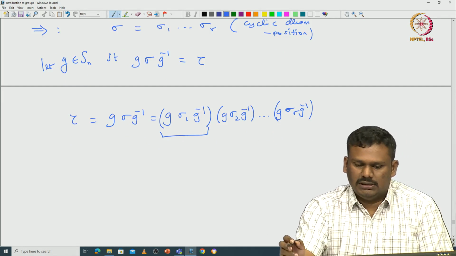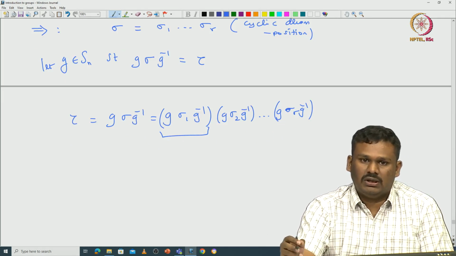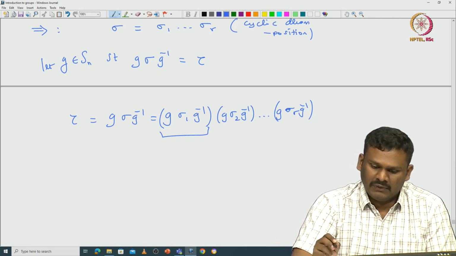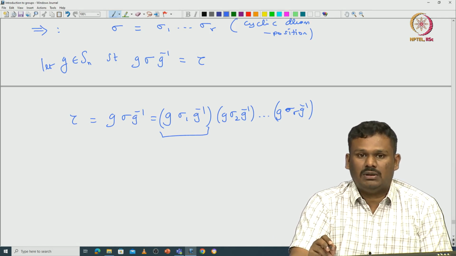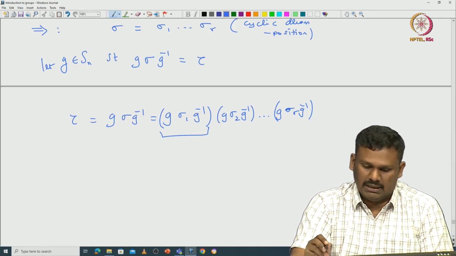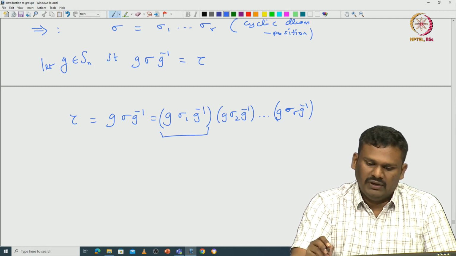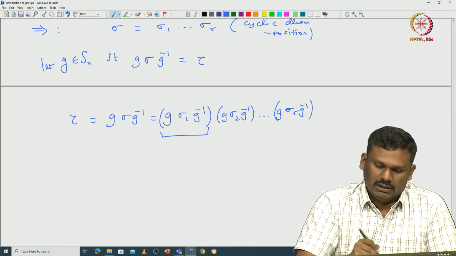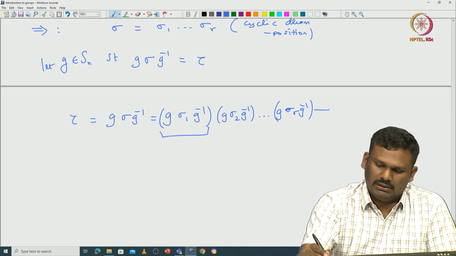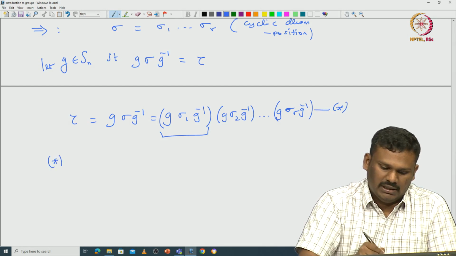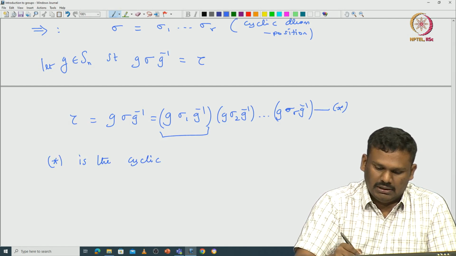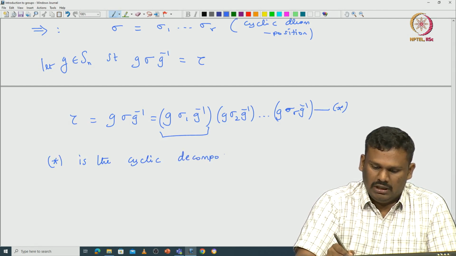Now, we already know that g sigma_1 g inverse is going to have the same cycle type as sigma_1. So, if sigma_1 has length k_1, then g sigma_1 g inverse will also have length k_1. Now we claim that this star is indeed the cyclic decomposition of tau.